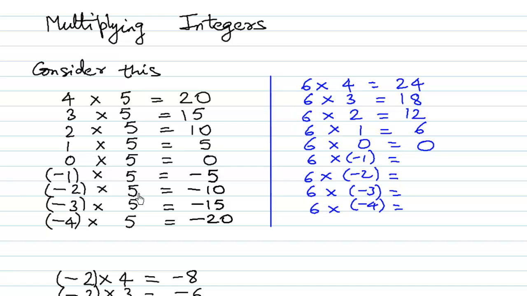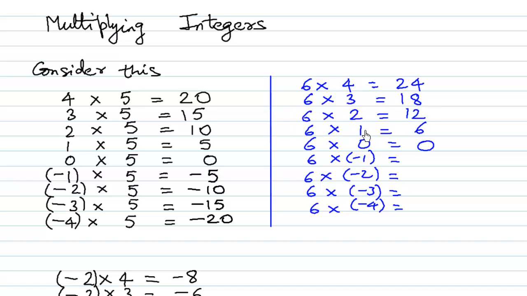Negative 2 multiplied by 5 gives negative 10. And in this way we can understand that 2 fives is 10, but a negative and a positive number has a negative answer.